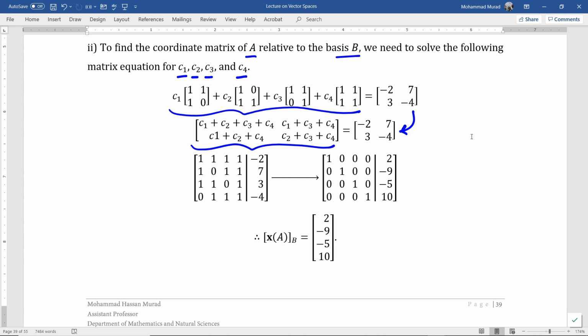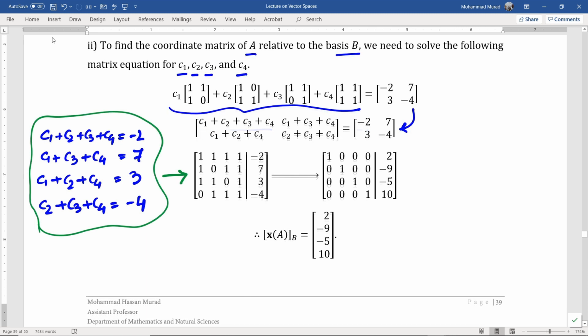Since these two matrices are equal, we must have c₁ + c₂ + c₃ + c₄ = -2. So we have an equation which, when reduced to its reduced row echelon form by applying a sequence of elementary row operations, has this form.